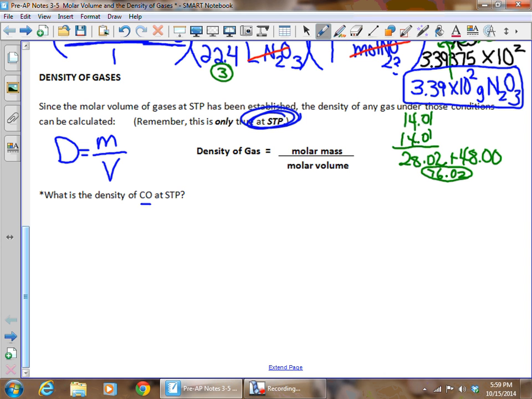So if I want to know the density of carbon monoxide at STP, I know that the density of carbon monoxide is equal to its molar mass divided by its molar volume.